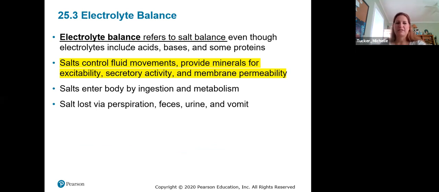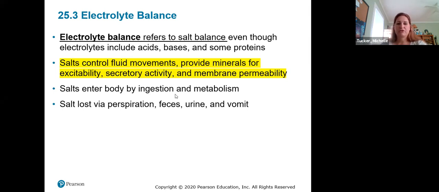Even though there are other electrolytes, acids, bases, and some charged proteins, salt is going to control the fluid movement. It is going to provide minerals for excitability, secretory activity, and membrane permeability. Right now, we're really focusing on fluid movement. Before, we've talked about how salt is also used with that ion gradient for co-transport, things like that.